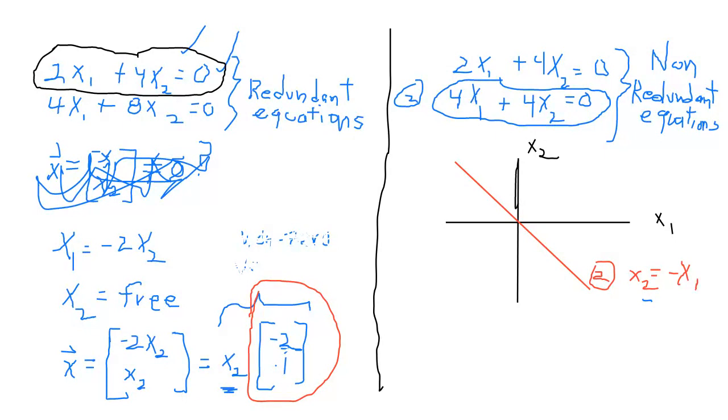On the other hand, the first equation, 2x1 plus 4x2 equals 0, would be what? 4x2 equals negative 2x1, so x2 equals negative 1/2 x1. So the slope is negative 1/2.